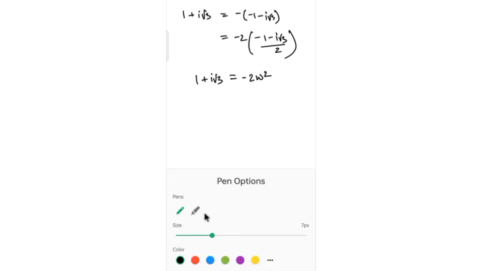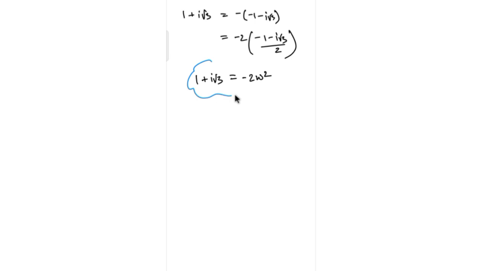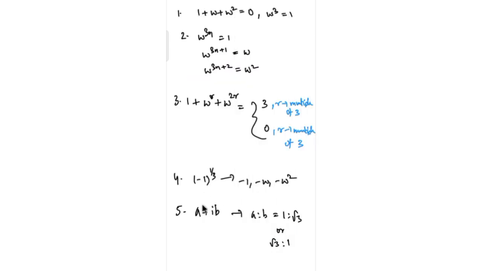This is basically minus of minus 1 minus i root 3. I have just taken the minus common, and if I multiply and divide by 2, I get minus 2 times minus 1 minus i root 3 divided by 2, and this number is basically our omega square. So 1 plus i root 3 can be written as minus 2 omega square.